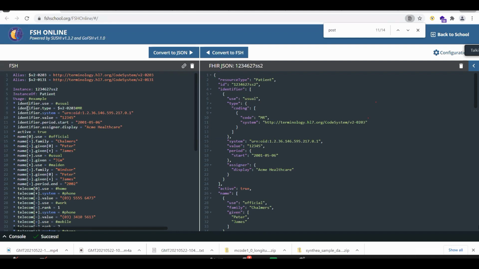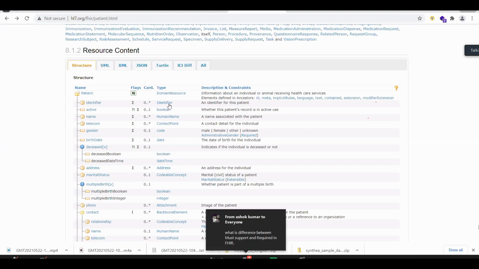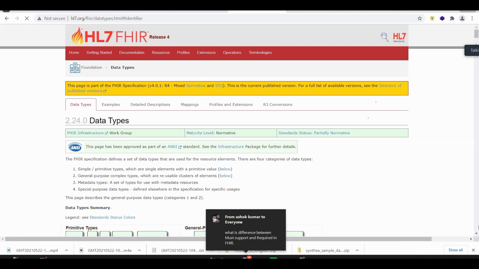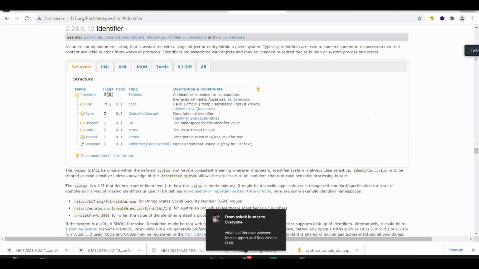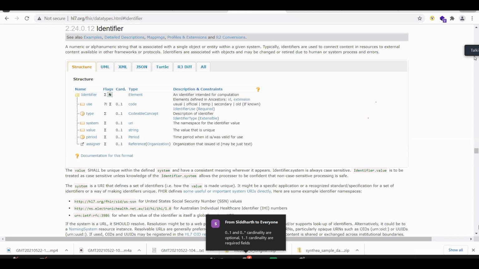And then you actually start filling up the values, like identifier.use. Now I'll talk to you about identifier.use and all. Where did this come from? If you go here, you see identifier is of type Identifier. If you click on identifier, it is a complex data type. There are broadly two kinds of data types in FHIR: primitive data types and complex data types. Primitive data types are, for example, Boolean, or you can say integer.